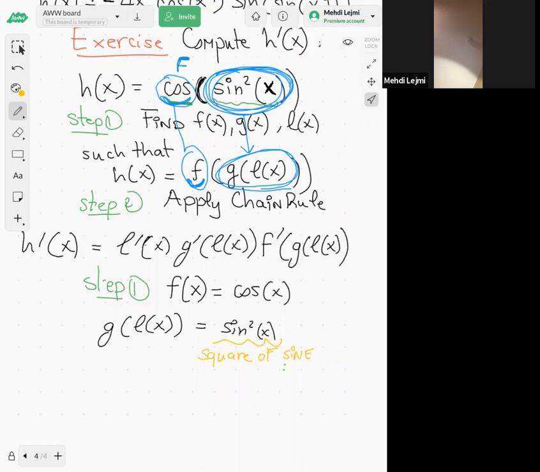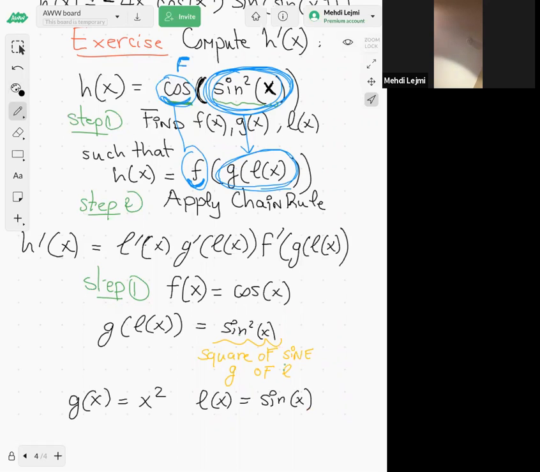And so this is of the form g of l of x. So what will be g? Well, g of x would be the square, x squared, and l of x would be the sine of the angle x.